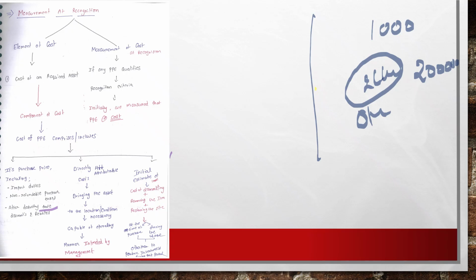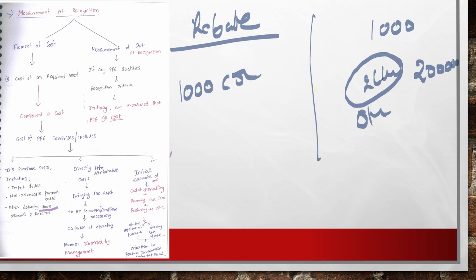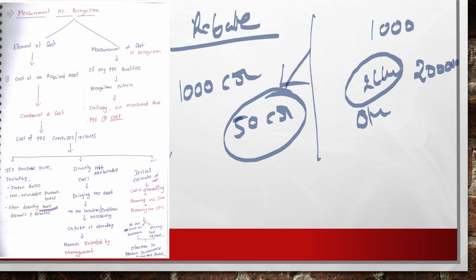There is another kind of rebate. Say if you buy this machine, you incur 1,000 crores. So they give 50 crores rebate from the government side. After seeing this bill, they will reimburse this 50 crores. So this 50 crores you can adjust.